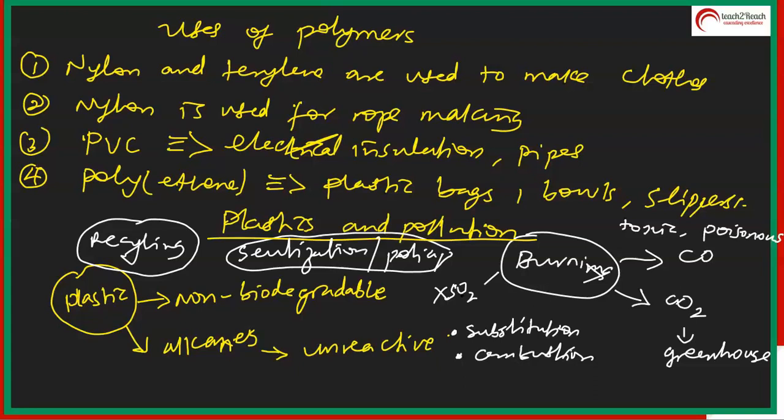Good. Another misconception concerns the emission of carbon monoxide. The problem of carbon monoxide here is a result of what? Incomplete combustion. If you completely combust your plastic, you will not form carbon monoxide.